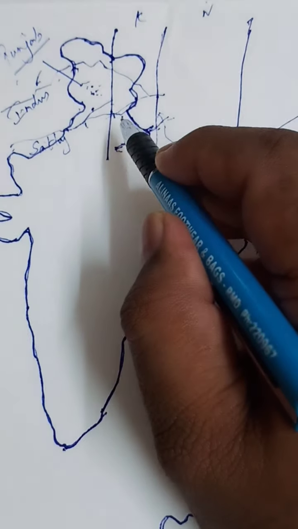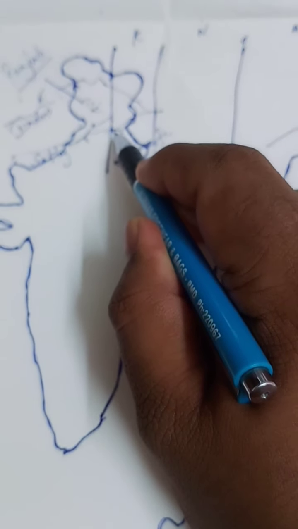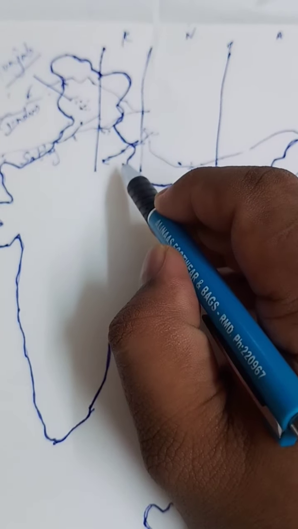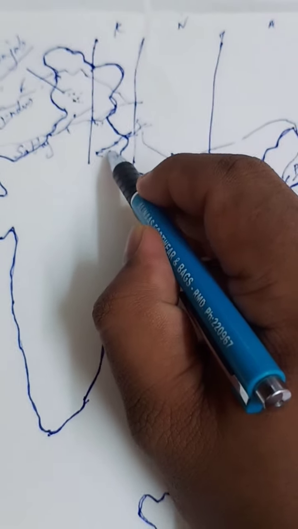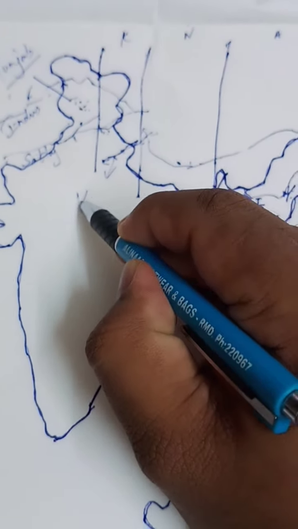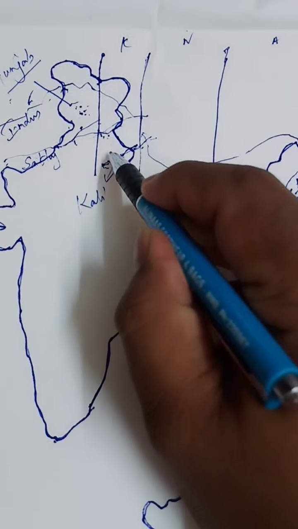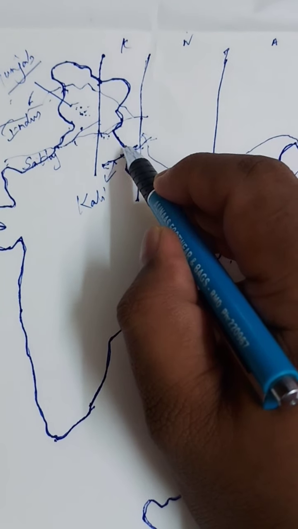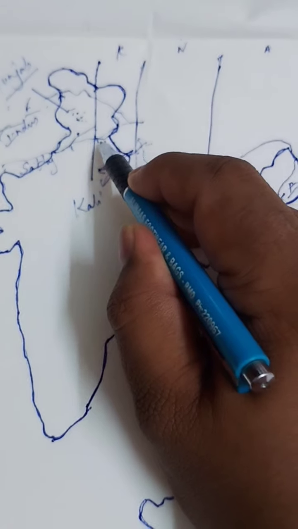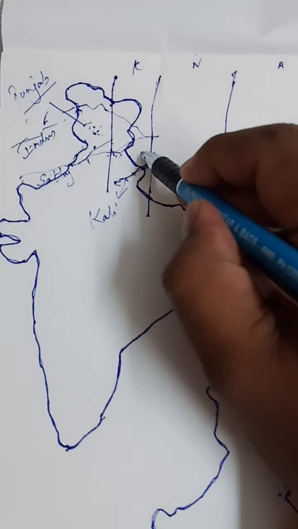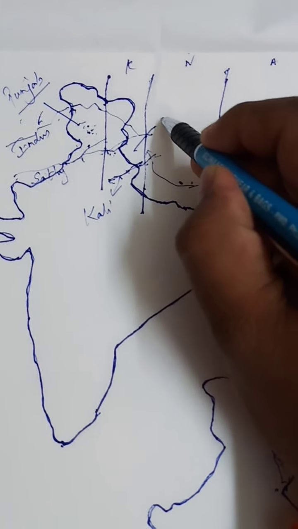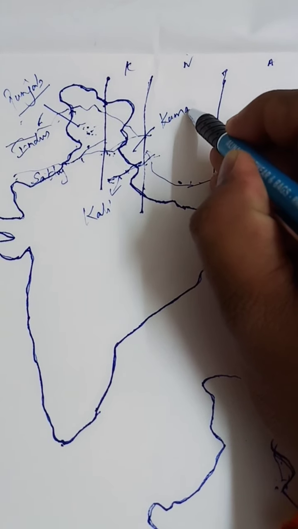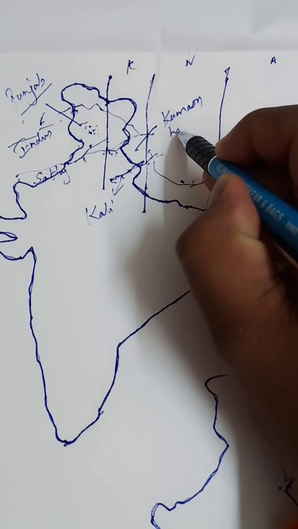And the second one is between which rivers? The Satluj River and the Kali River. So what is this river name? Kali River. So this Himalaya, which lies between Satluj River and Kali River, is called what? Kumaon Himalayas.